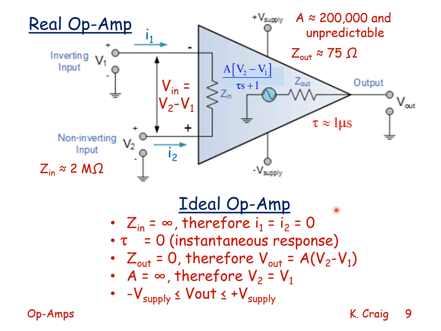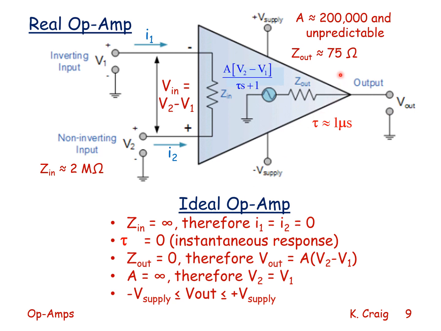An ideal op amp has infinite input impedance, and therefore currents I1 and I2 are 0. Tau is equal to 0. Here tau is very small, but it's not 0. Ideal op amps have instantaneous response. Zout is 0. The output impedance is 0.